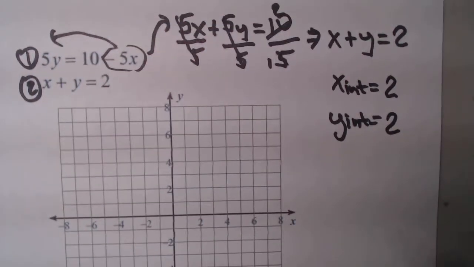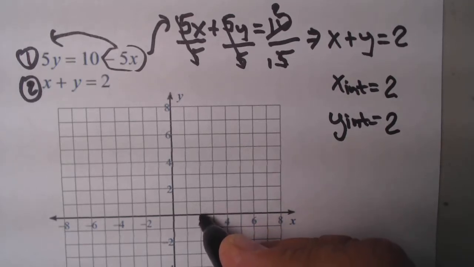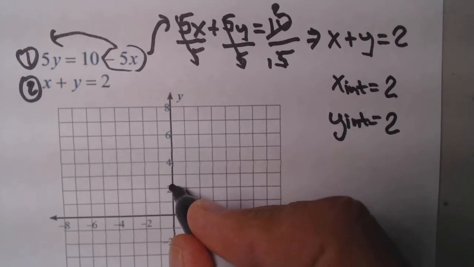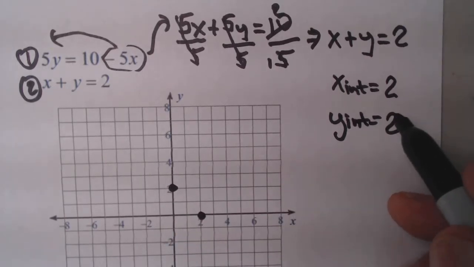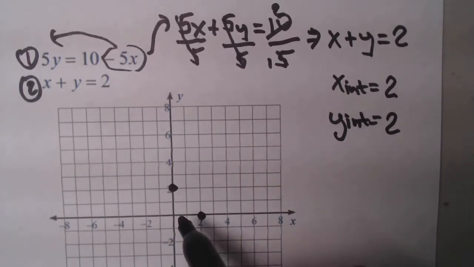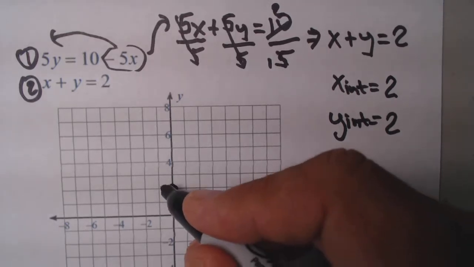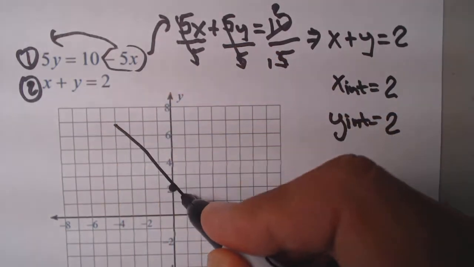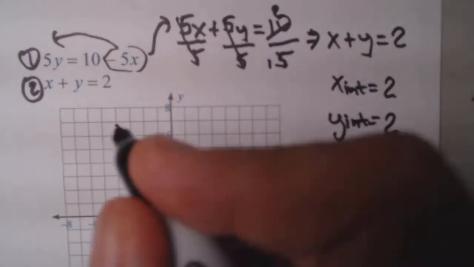So for the first equation, x equals 2, here it is. y equals 2, here it is. Remember, these are the intercept points where the line crosses the x-axis and the y-axis. Now just get your ruler out and connect these guys up, about like so.